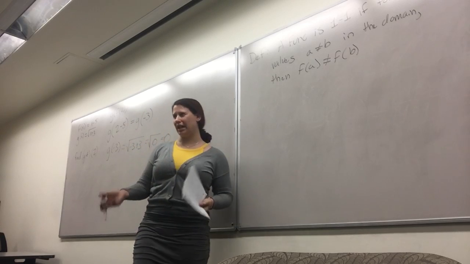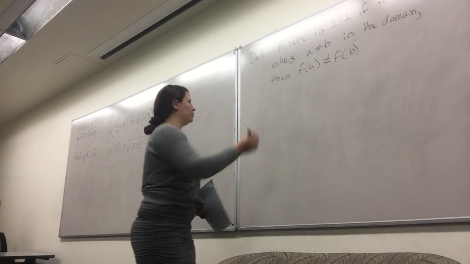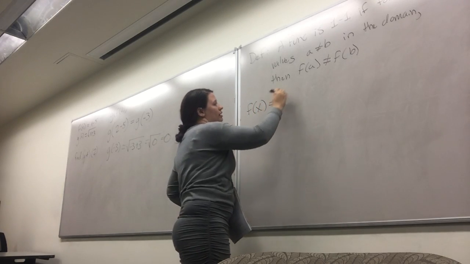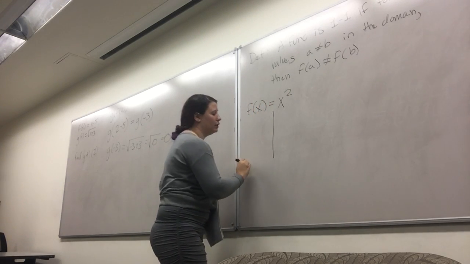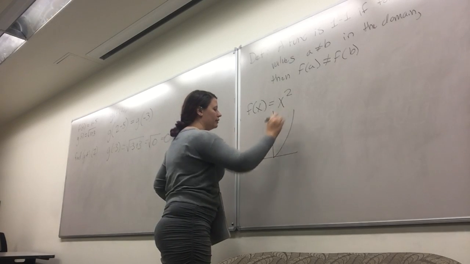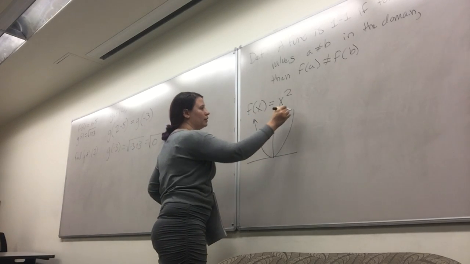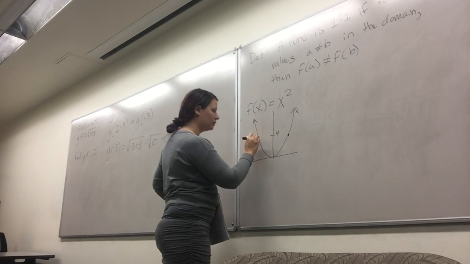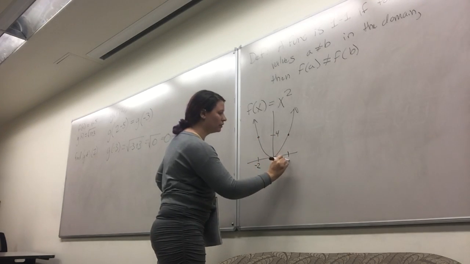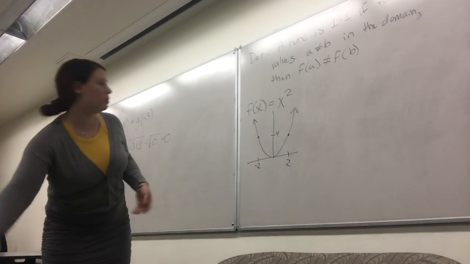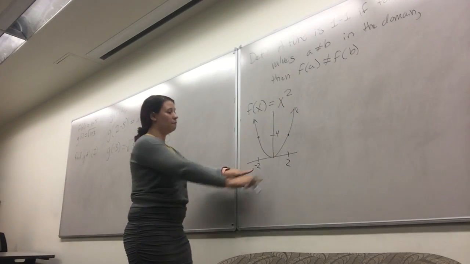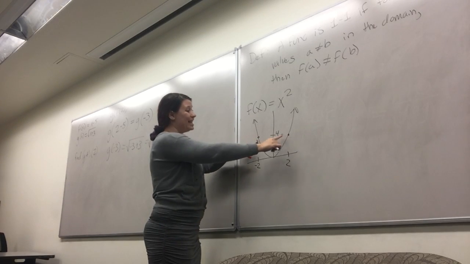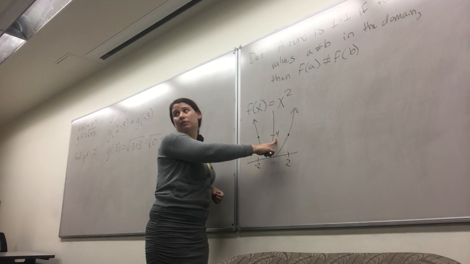So let's look at an example. If we look at f of x equals x squared, our nice fallback, what we're seeing here is we have two different x values. However, they give us the same y.